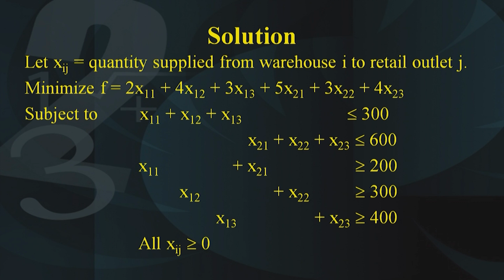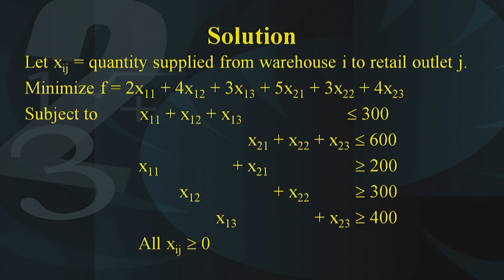And with these decision variables you can write the objective function. Now, since the objective is to achieve a minimum cost, the objective function becomes minimization of f equal to 2x11 plus 4x12 plus 3x13 plus 5x21 plus 3x22 plus 4x23.